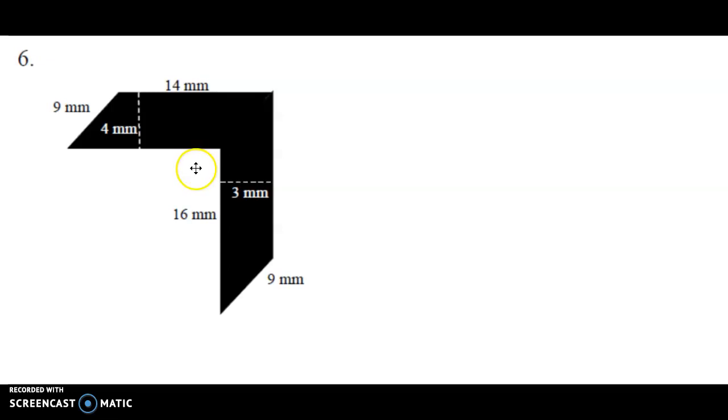But if I drew a line that went through here, it creates two parallelograms, and parallelograms are much easier. So I want you to go ahead and do these as two parallelograms. Use the formula sheet, pause the video, and then come back and we'll see if your answer agrees with mine.